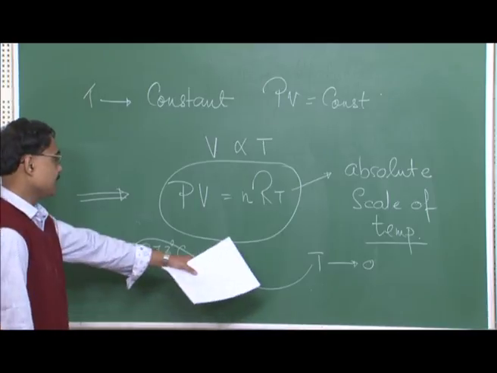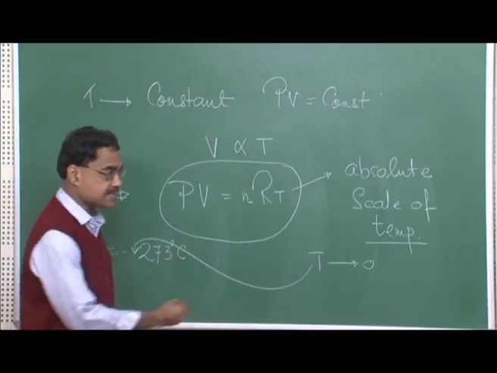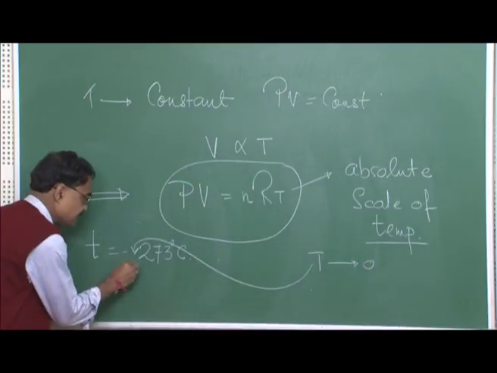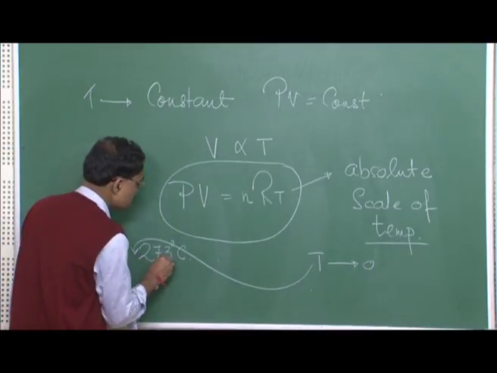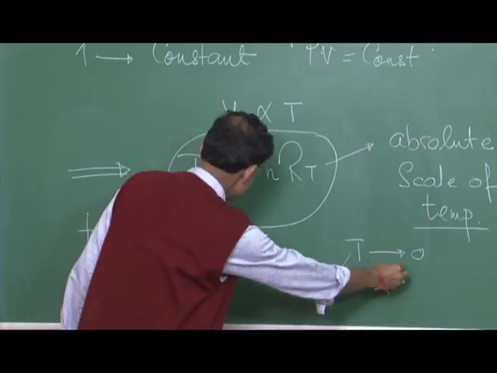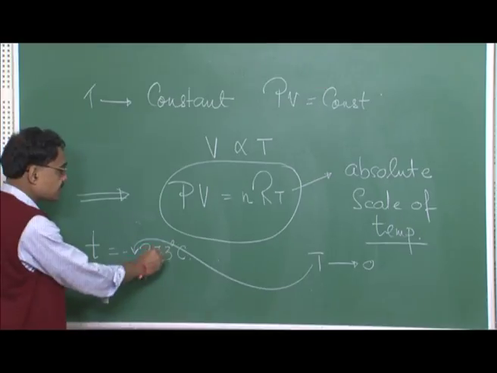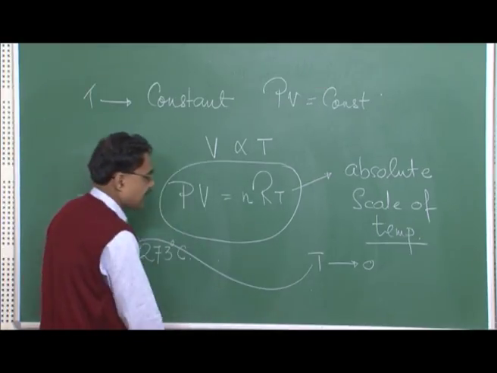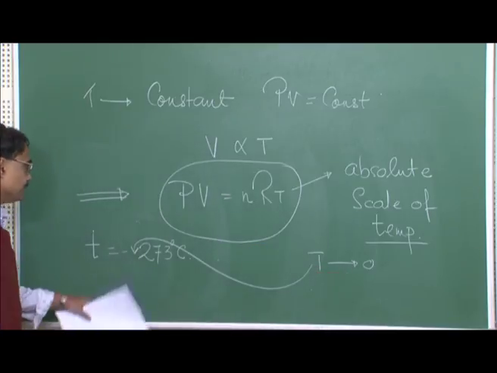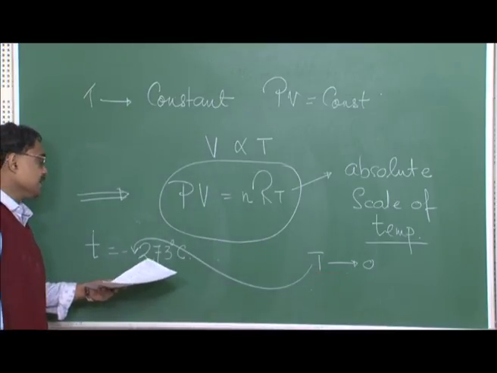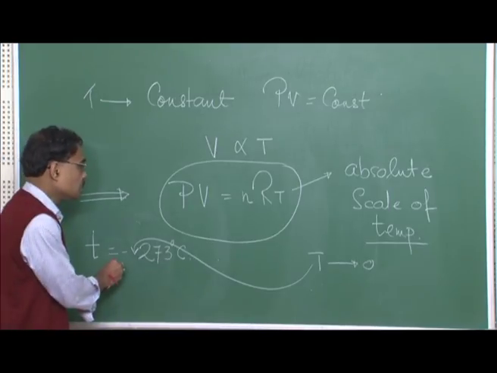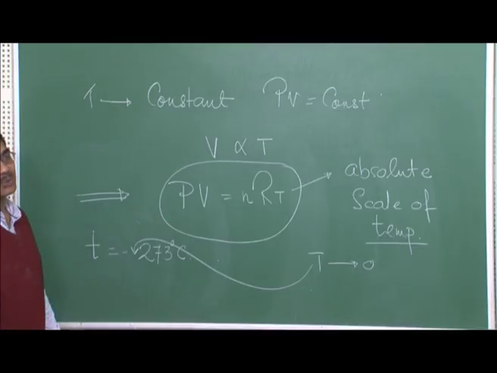For example, absolute temperature 0 is minus 273 degrees Celsius on the Celsius scale, and absolute temperature 10 means minus 263 degrees Celsius. If I reach absolute 0, minus 273 degrees Celsius, I will know that the pressure of an ideal gas will go to 0.